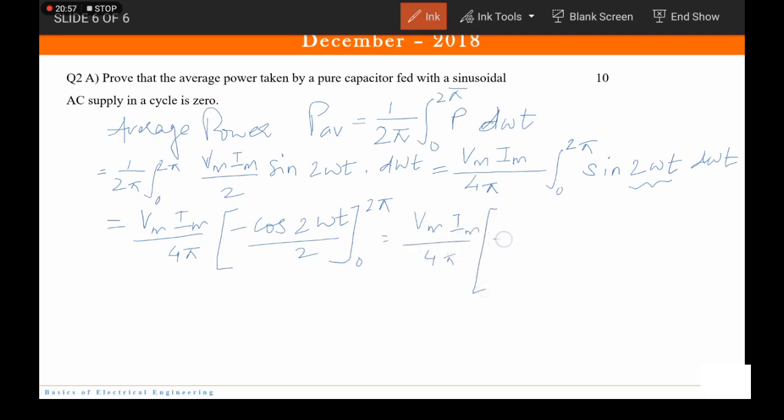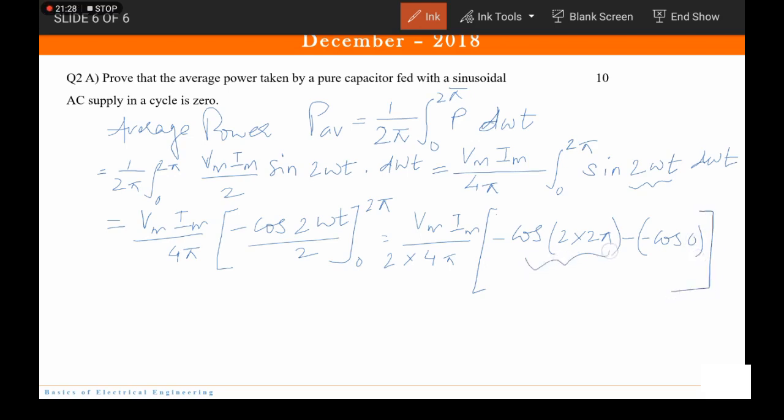I will take 2 outside the bracket. So I have to place the value of omega t here. So it will be minus cos 4 pi, again minus cos 0.